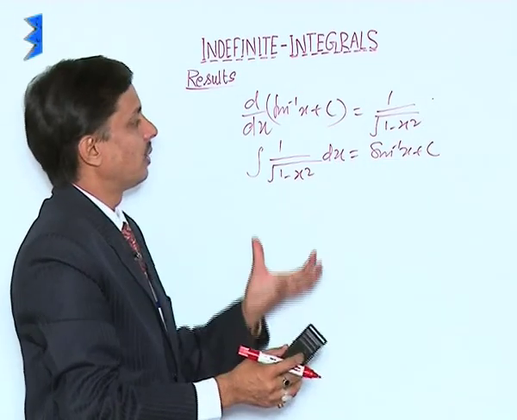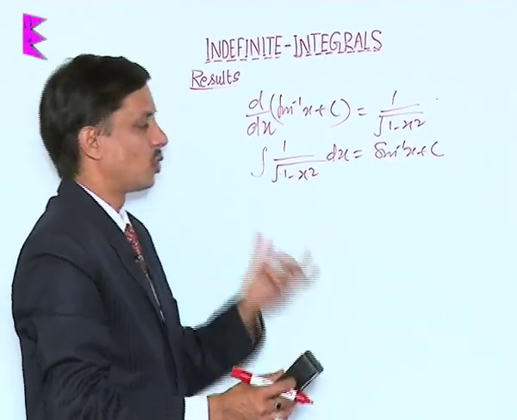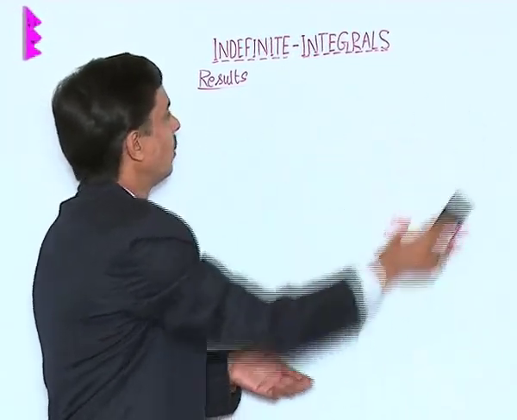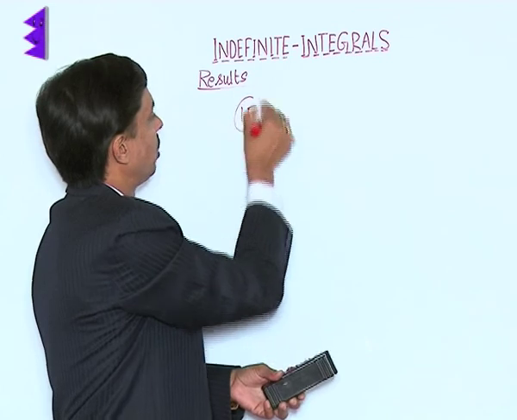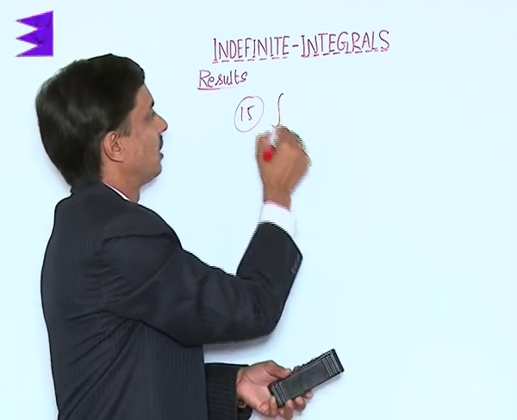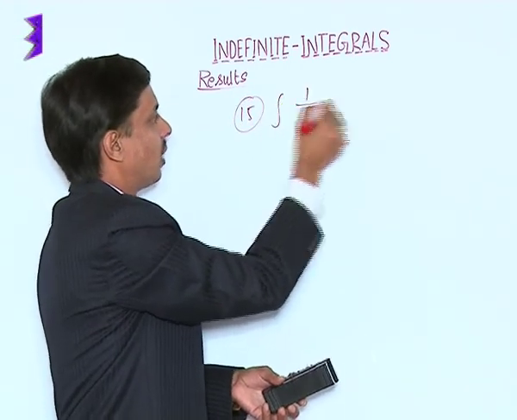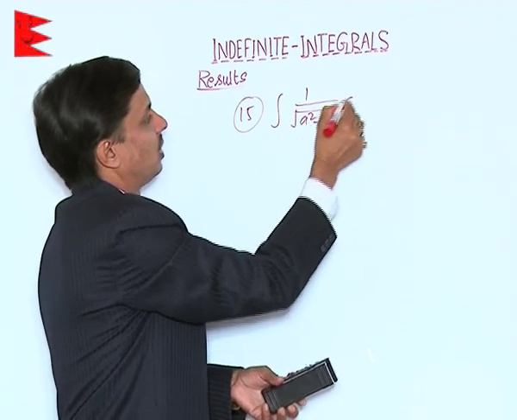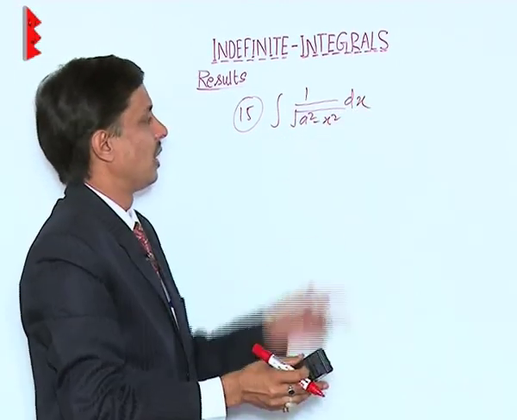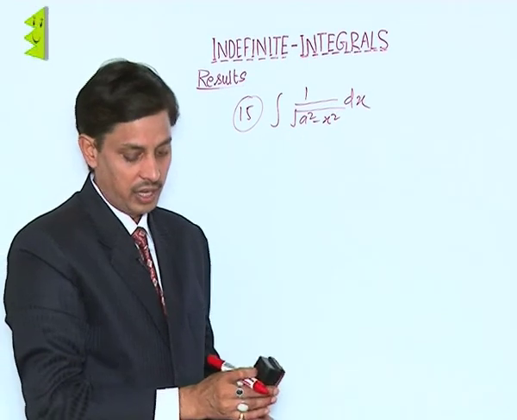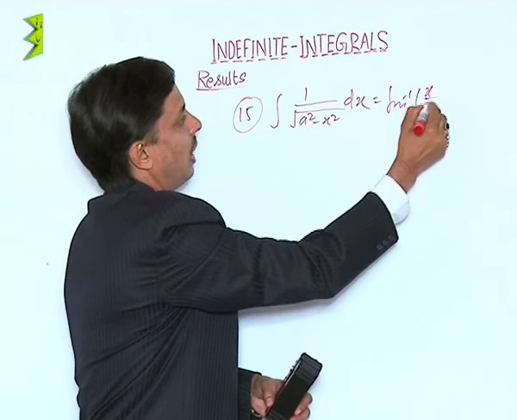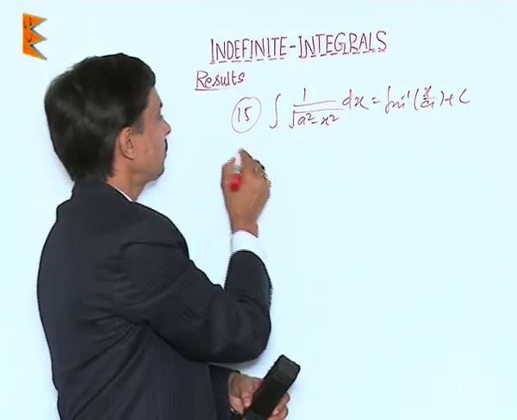There are a few results which are based on the inverse formula, which I am telling you now, starting with the continuation of the 15th result, that is the integration of 1 upon root of a square minus x square dx. If in place of 1 I write a, this will be sin inverse of x upon a plus c.